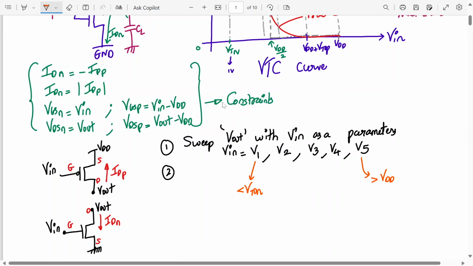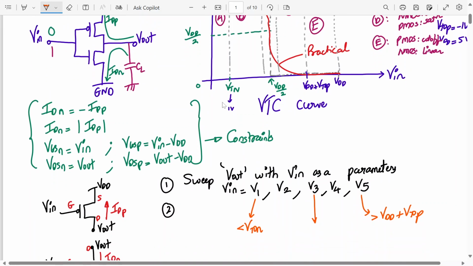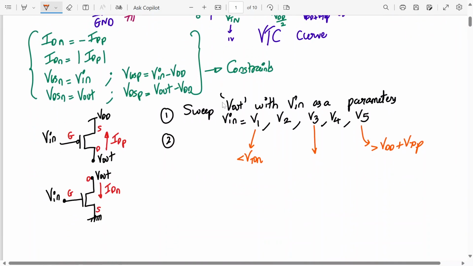V5 is V in greater than VDD plus VTP. Similarly, for V3 we have region C, where both the transistors are on, so both NMOS and PMOS are in saturation. The remaining V2 and V4 we will see as we move along.